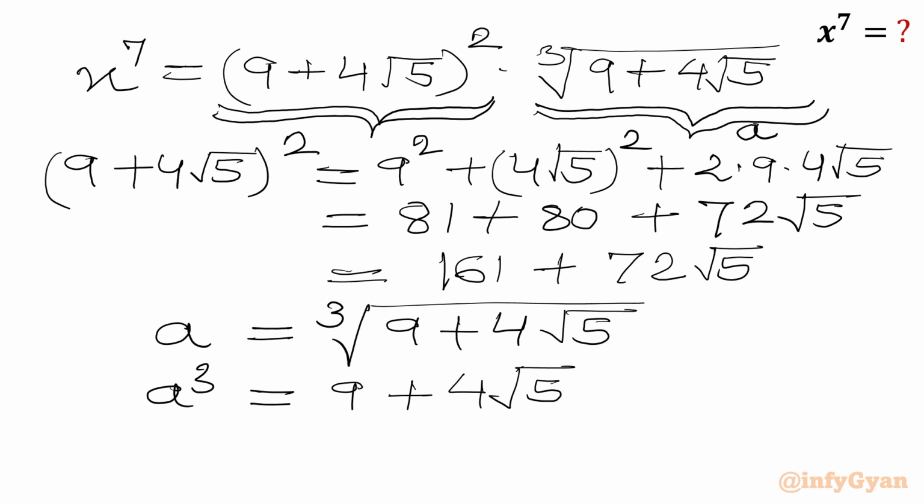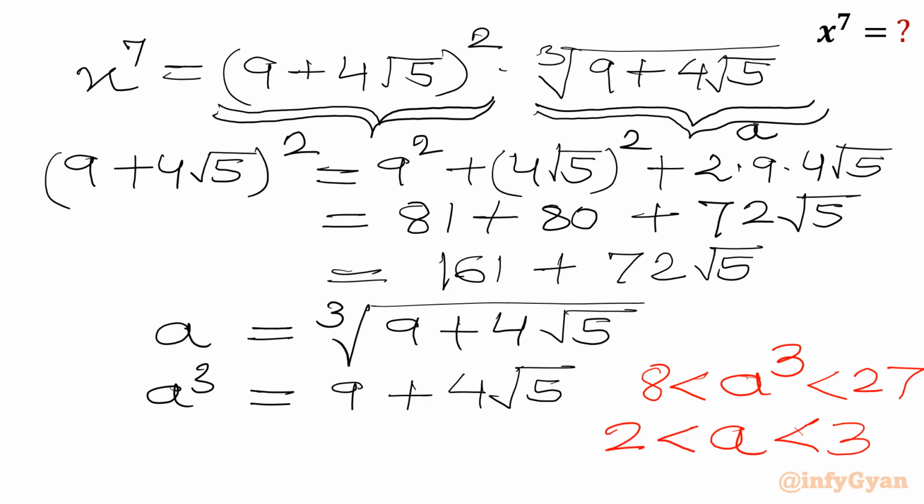If I check the value of a cube, it is 9 plus 4 root 5, so a cube must be greater than 8 and less than 27, as root 5 is 2.23. So I can conclude a must lie in the interval 2 and 3. So our answer will be in the interval 2 and 3.